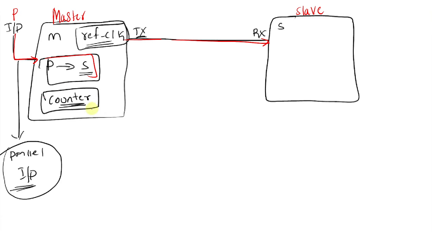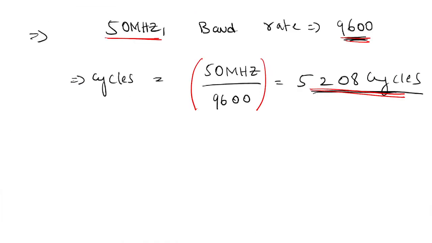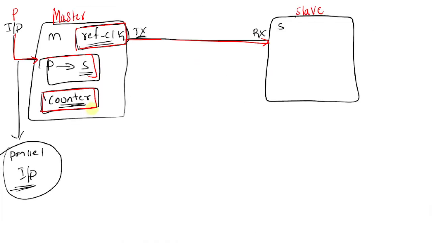Inside there will be a counter, and there will be a reference clock inside the master. Previously I told about the reference clock for 5000 megahertz, we already saw the number of cycles, and also for the 50 megahertz reference clock we saw the number of cycles. So like this we need to communicate between the master and slave.